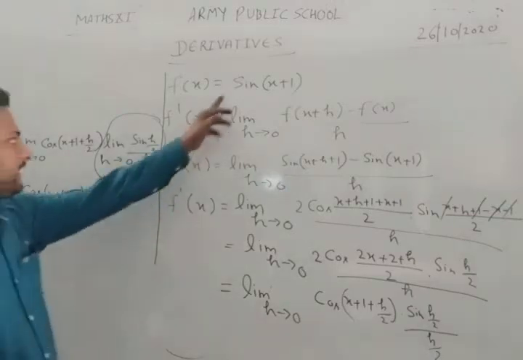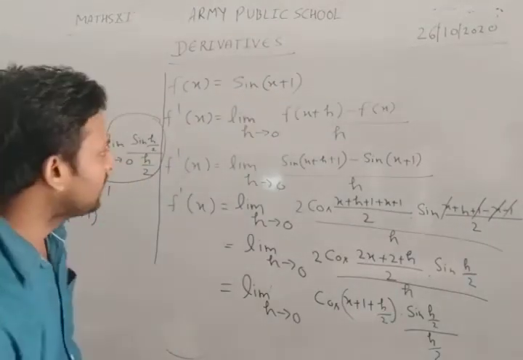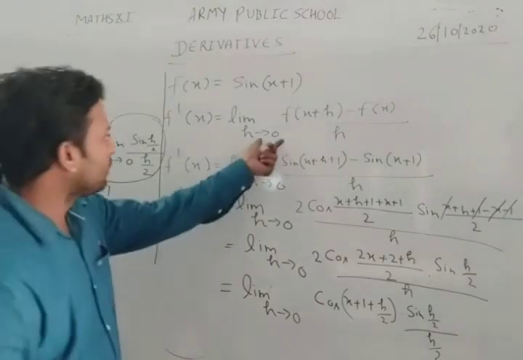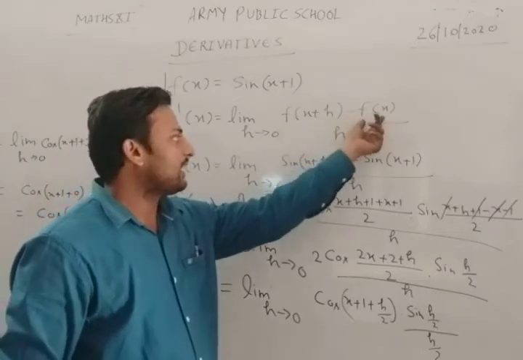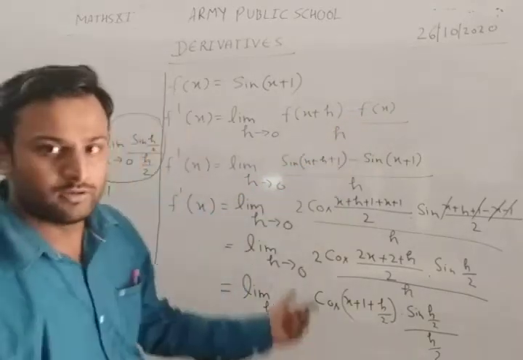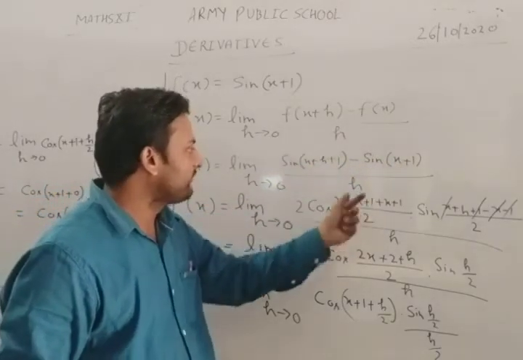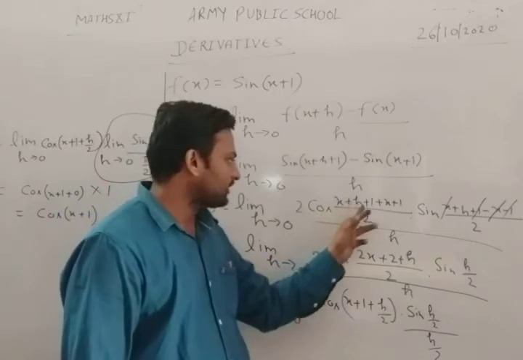So the derivative of the function sin(x + 1) by first principle that we have obtained is cos(x + 1). We know the formula f'(x) = limit h tends to 0 [f(x + h) - f(x)] by h. Now put the value here: sin(x + h + 1) - sin(x + 1) divided by h.